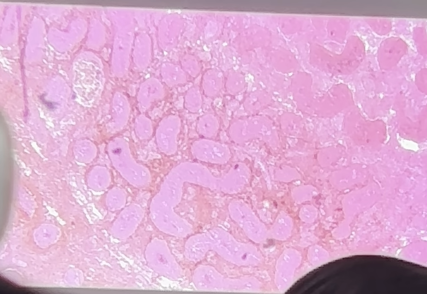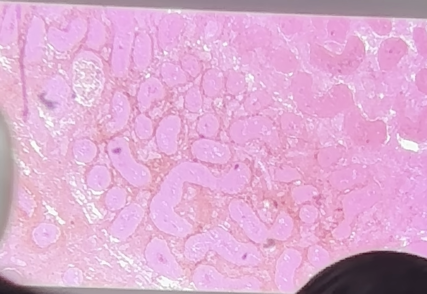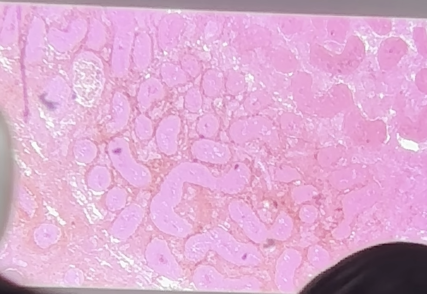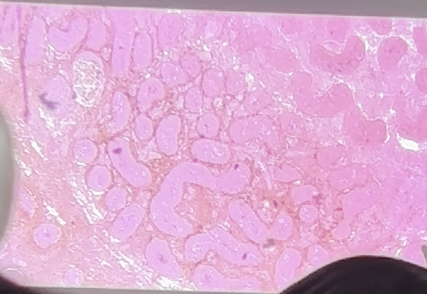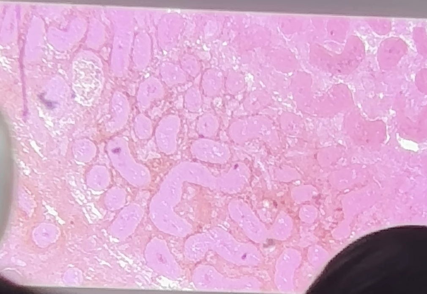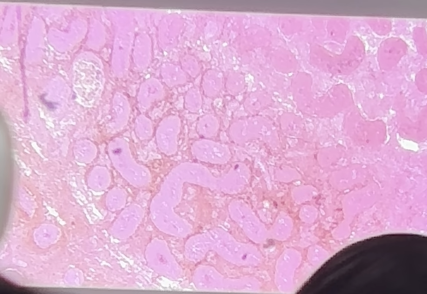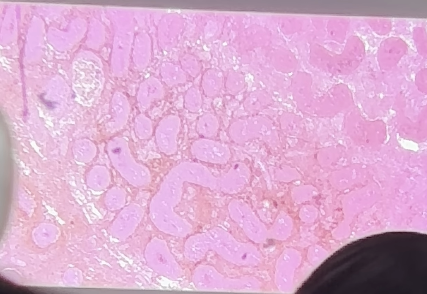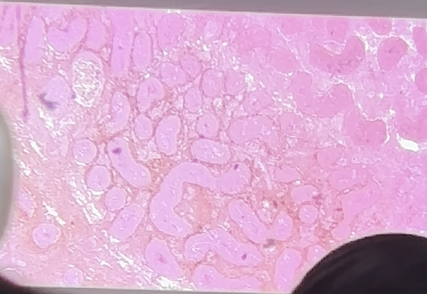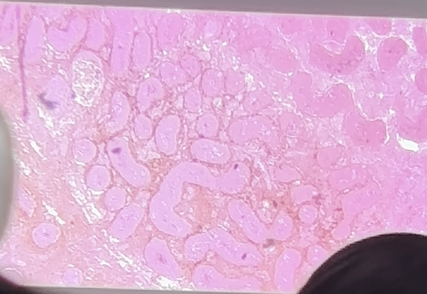So the testis twisted. And when it twists, remember, what are the components of your spermatic cord? You have the vas deferens, you have the testicular artery, you have the, what are the veins? Pampiniform plexus, and the nerve. From your spermatic cord, two of those are blood vessels, the testicular artery and the vein.